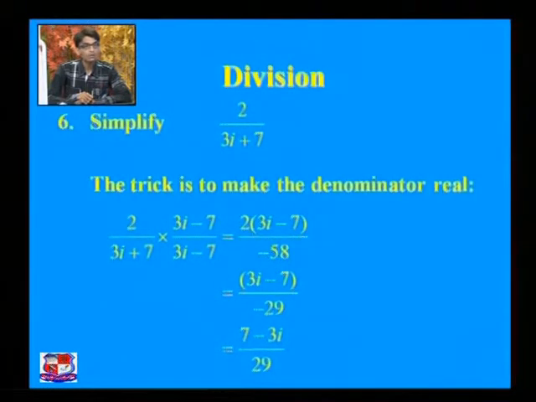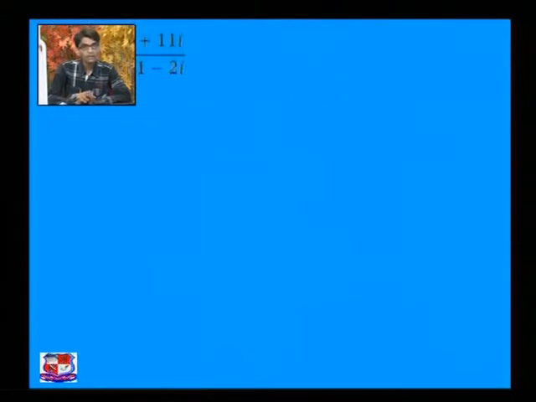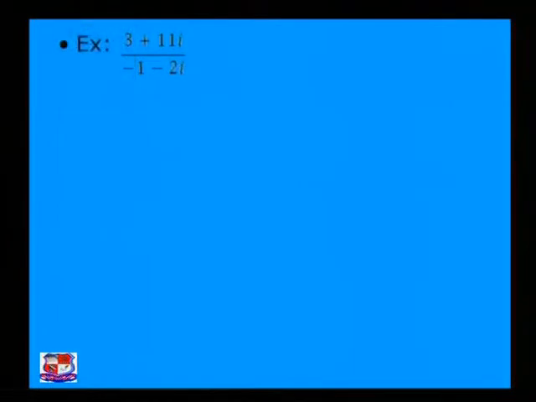Here 7 upon 29 is the real part and minus 3 upon 29 is the imaginary part of this answer. Okay, so in this way we can find the simplification.